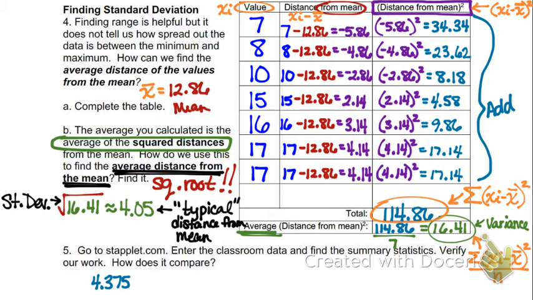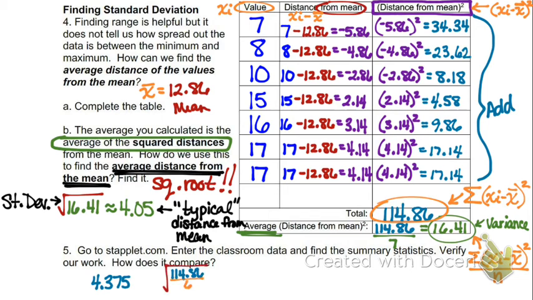So I'm curious. If you take this 114.86, divide it by 6 instead of 7. I want you to divide that by 6. We divided it by 7.